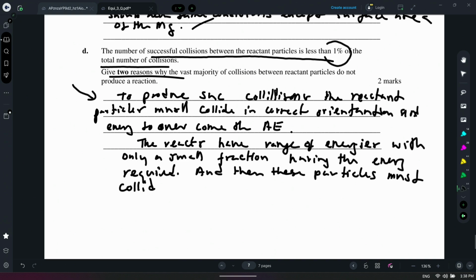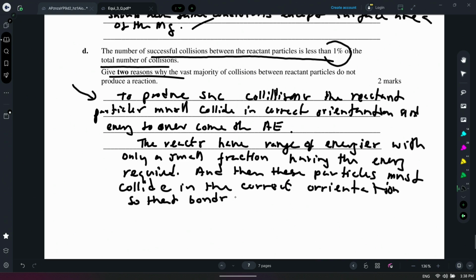At the same time, those particles must collide in the correct orientation so that the bonds are broken and new bonds are formed.